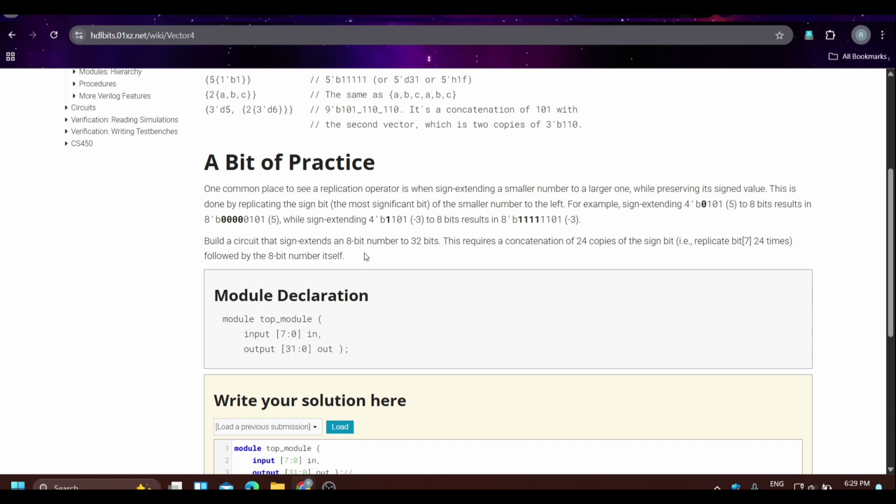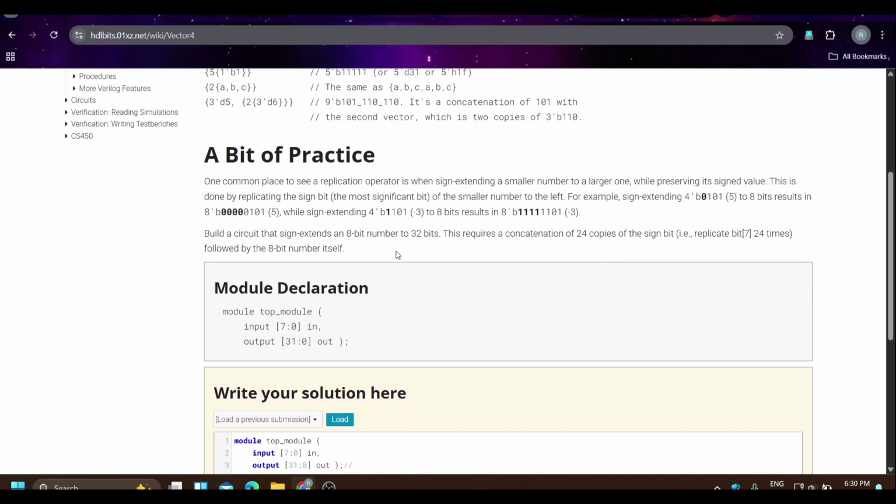So we are doing sign extension and making that 8 bit number into a 32 bit number. Those 7 bits stay the same, and the 8th bit is the sign bit, and we are assigning that same sign bit to the remaining 24 bits.